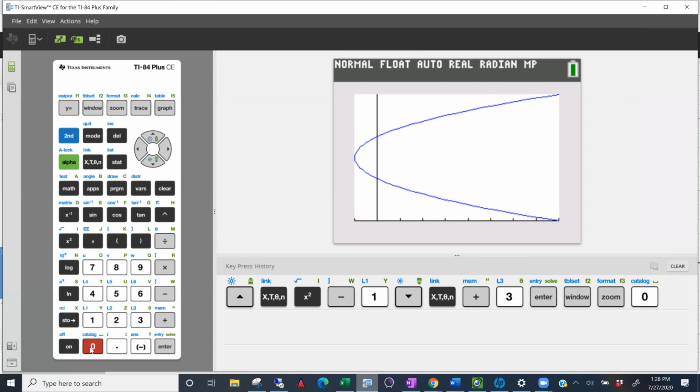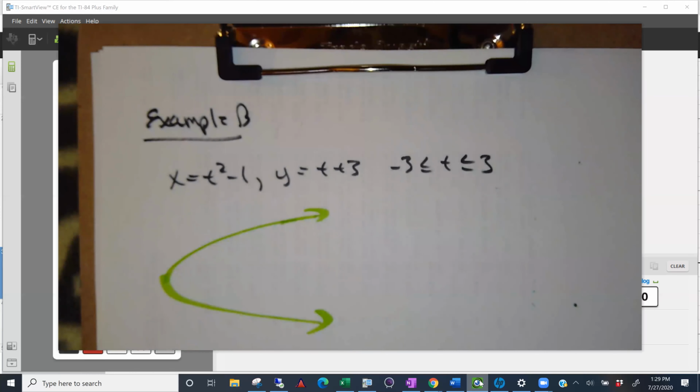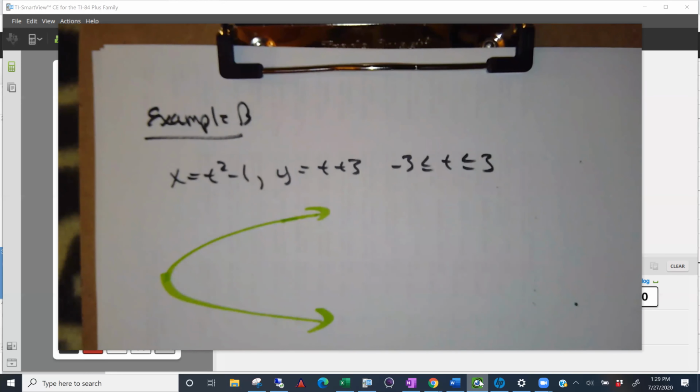Let's actually figure out a couple things about this. One of which would be, well, what is the curve without the parameter t? And the other one is, let's see if we can't figure out the orientation as well. So I'm going to cut back to here and look at the graph.